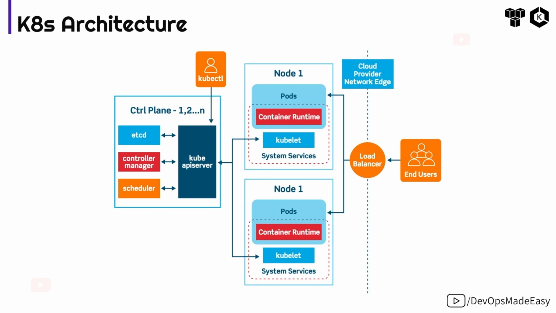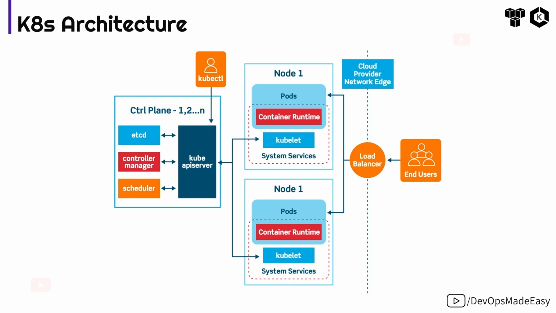And we have the scheduler. Basically the scheduler will decide where your pod should be scheduled. Let's say if you have 10 different worker nodes, the scheduler finds the best node for your workload and then schedules it onto that particular node. And we also have kubectl, which is a command line utility that talks to the Kubernetes server.